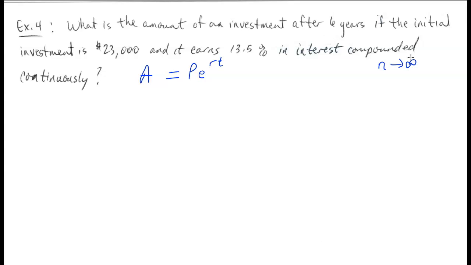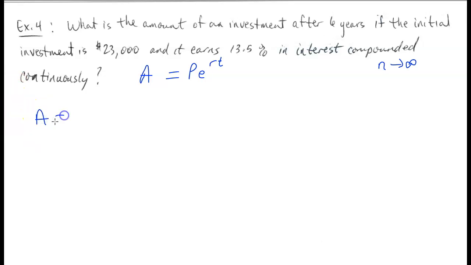What we're about to find out is, at an interest rate of 13.5% at 6 years with $23,000, this is going to be the max amount I can get, no matter what happens.